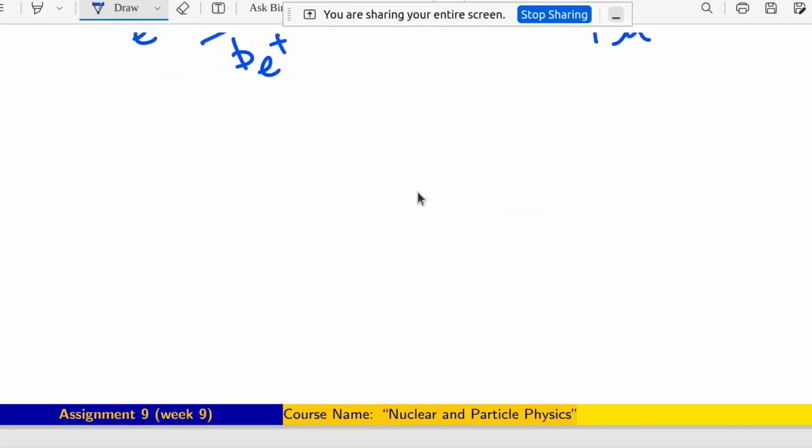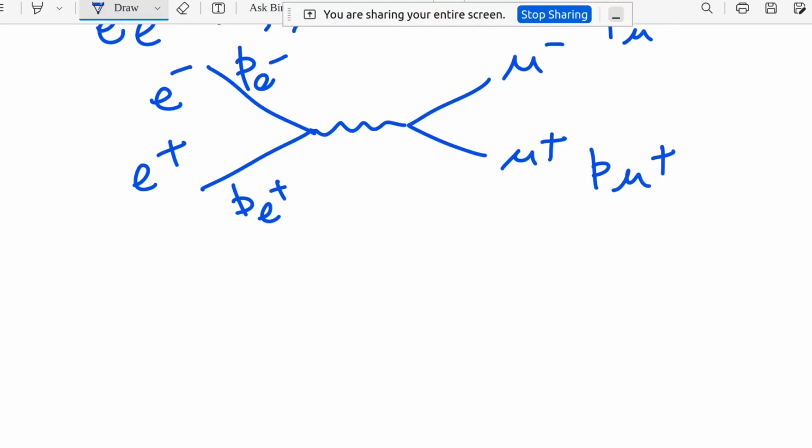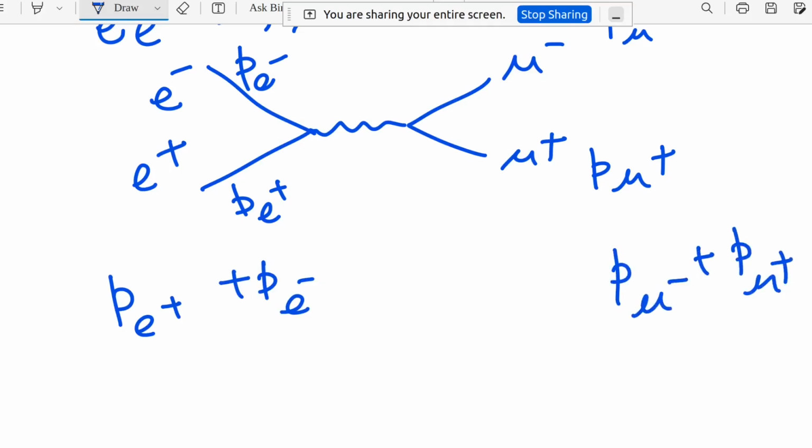As a momentum conservation law, what will be the momentum relation between these four particles? The total momentum should be conserved, right? That means our initial momentum will be equal to our final momentum. So what was the initial momentum? Initial momentum was Pe plus plus Pe minus. And what is the final momentum? Final momentum is P mu minus plus P mu plus. So this is P initial and this is P final.